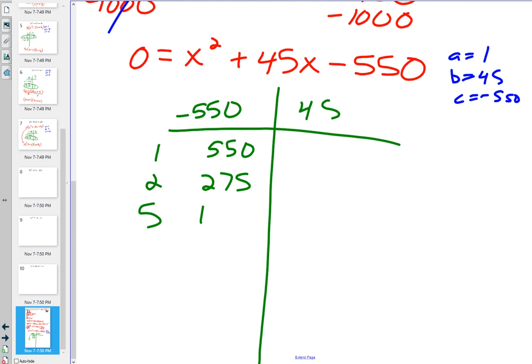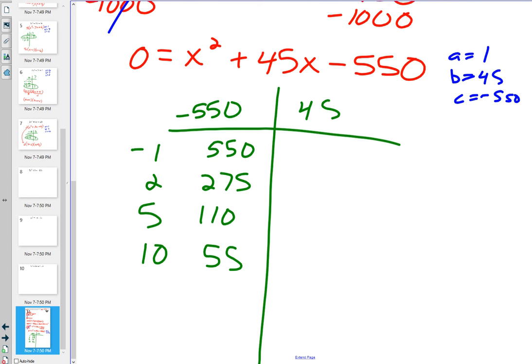That one should be 110. 5 and 110. 6 won't work because 3 didn't work. 7, check 7. I don't think it will, but just to be clear. 550 divided by 7. No, 7 doesn't work. 8 doesn't work. 9 won't work because 10 didn't work. 10 will work. 10 and 55. I'm going to cut it off right there because I already know that's going to work.